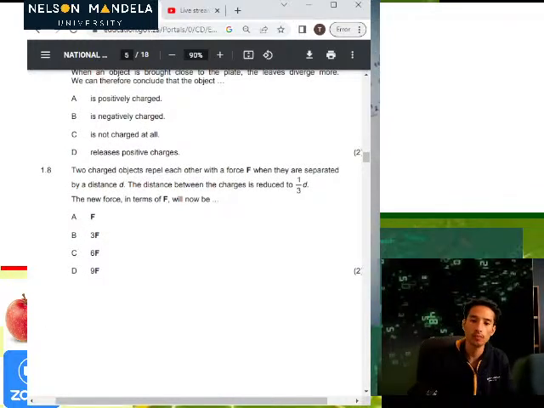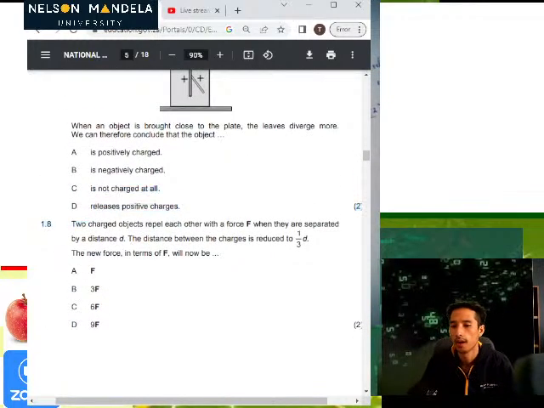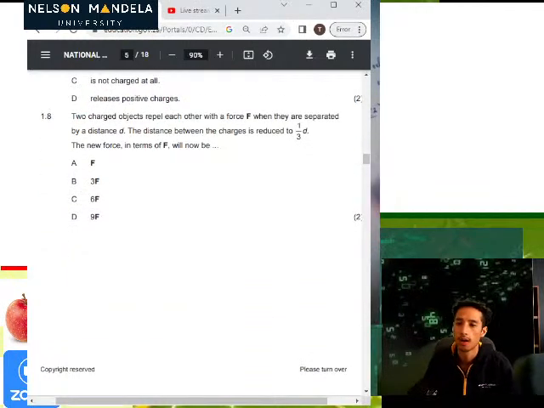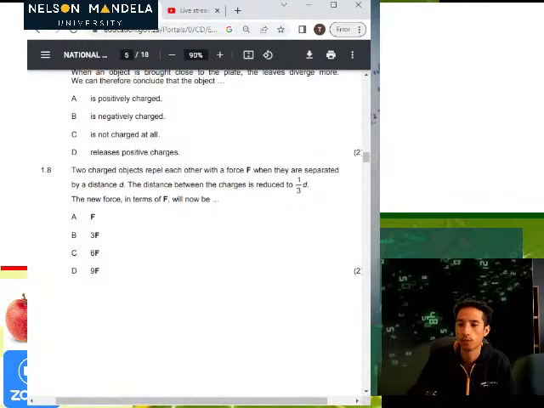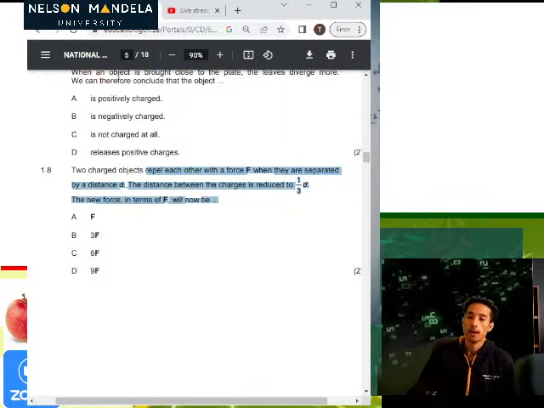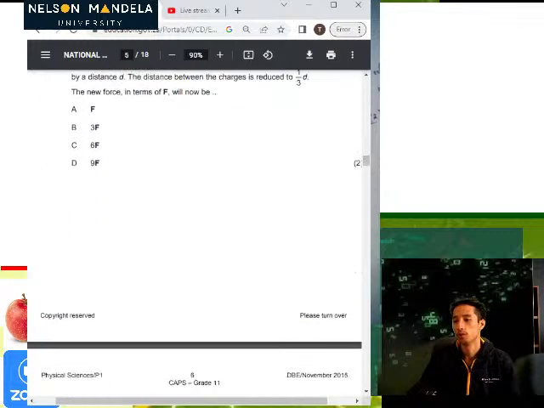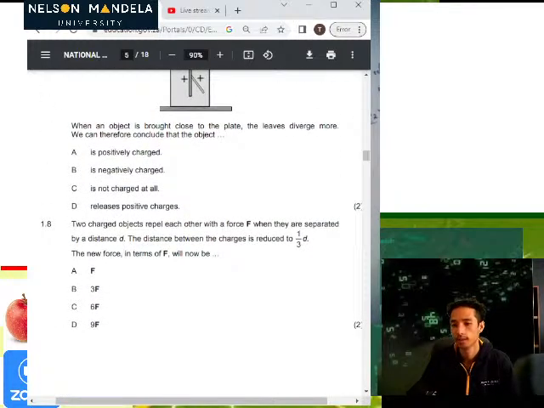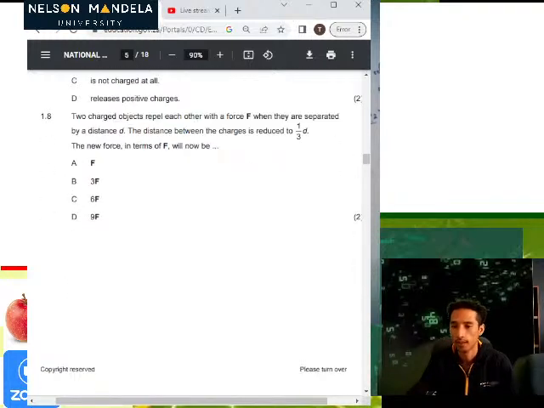Question 1.8 says two charged objects repel each other with a force F when they are separated by a distance d, and the distance between the charges is reduced to 1/3 the distance, and then the new force in terms of F will now be what?